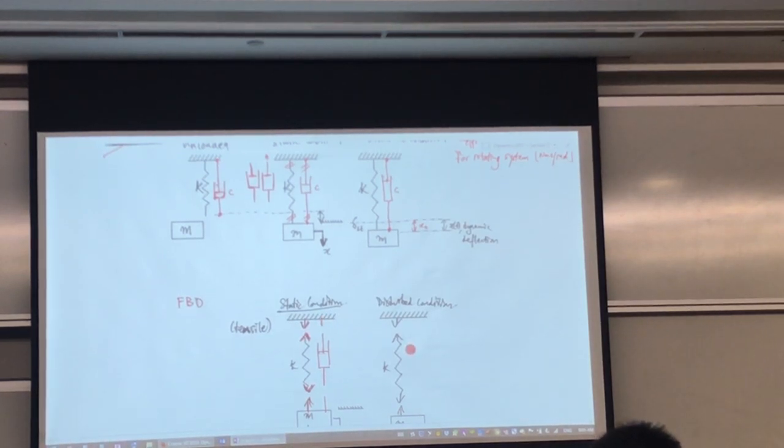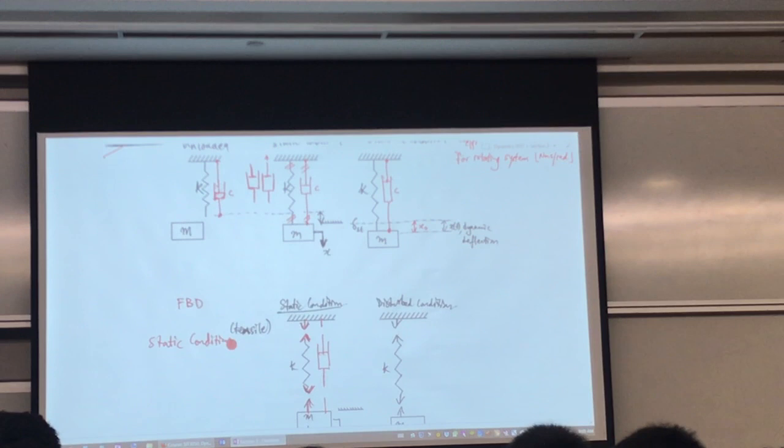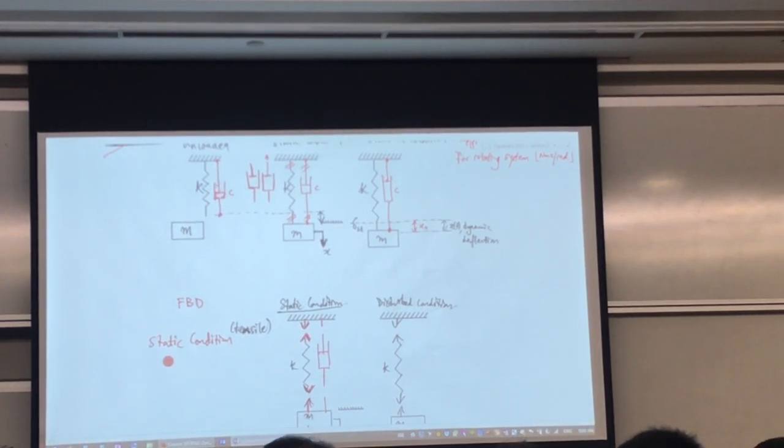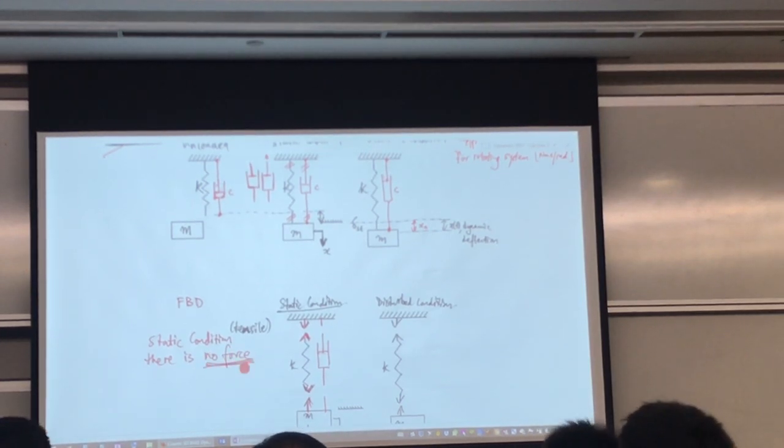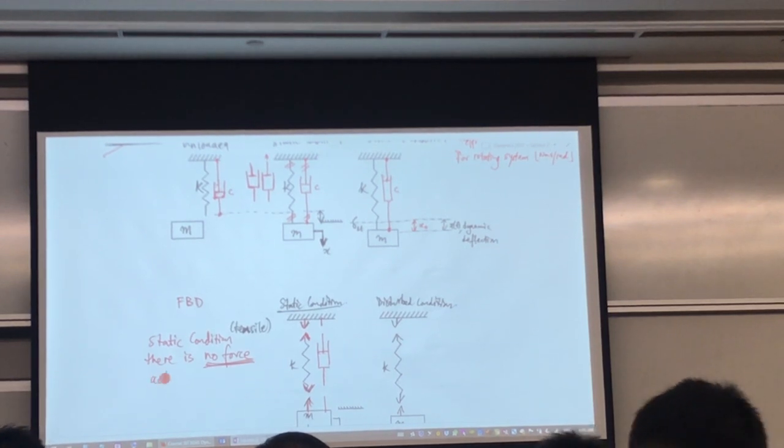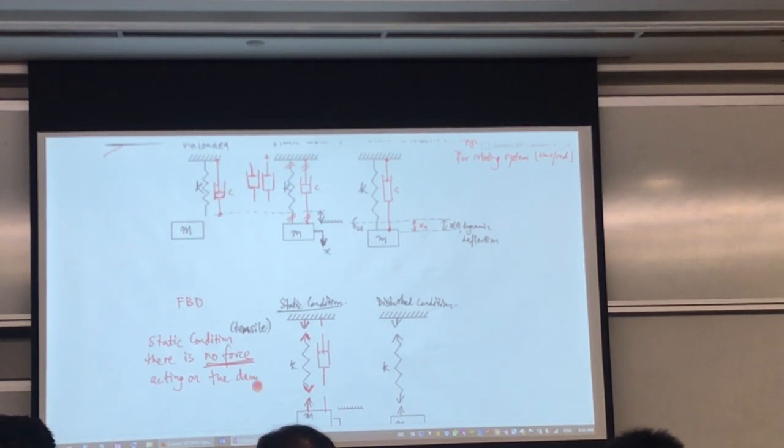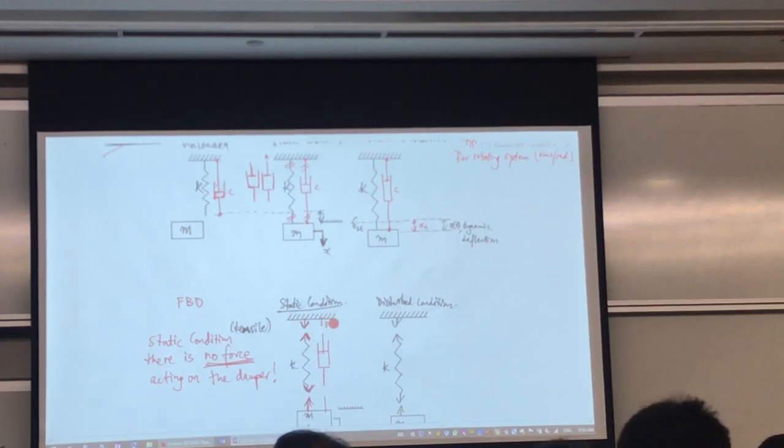So for the static condition, I'm going to write down, for the static condition, there is no force acting on the damper. I'm going to underline that. So that means this force over here, F, due to the damping, F will be equal to 0 for all of them.